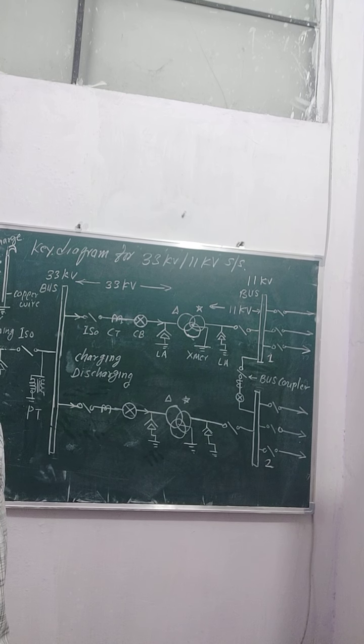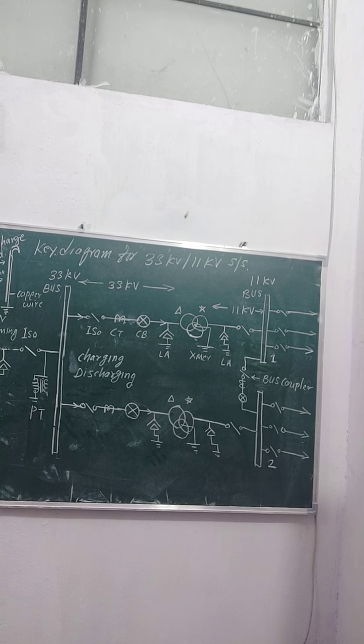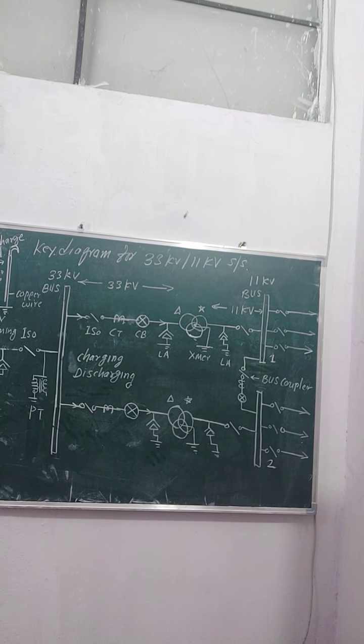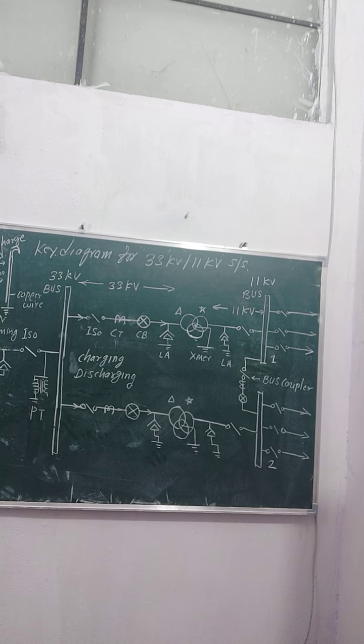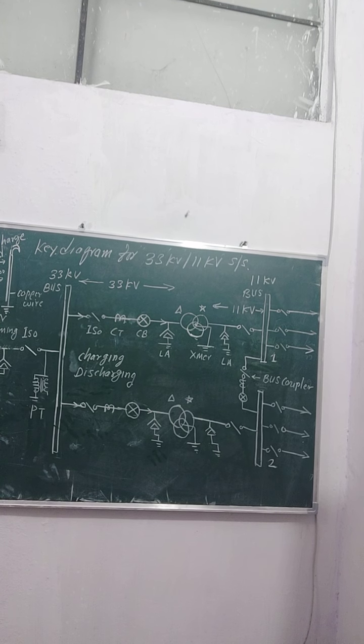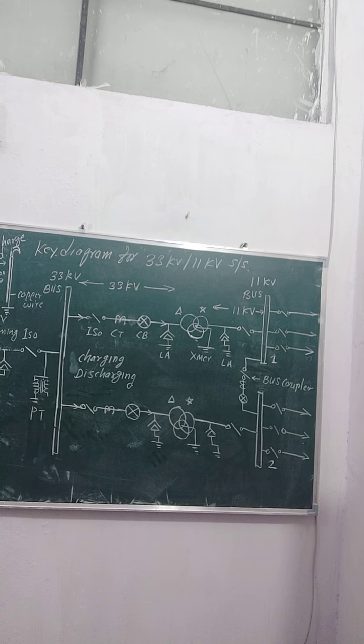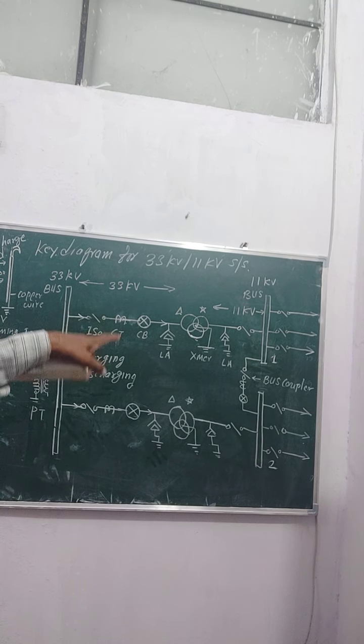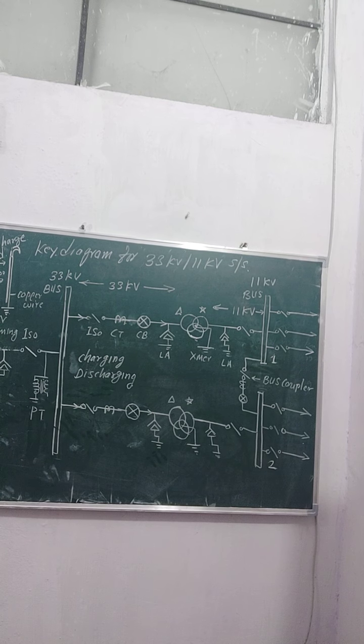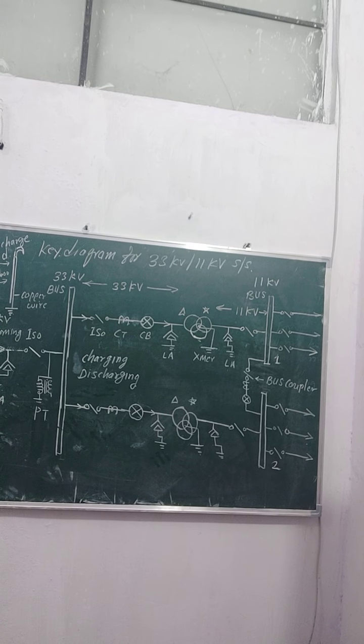So this particular diagram suggests to you the application of a 33 by 11 kV substation for outgoing feeders. The number of feeders can be taken based on the capacity of the bus bar. I have taken 3 outgoing feeders on bus number 1 and 3 outgoing feeders from bus number 2. They are connected with isolators. Now if you want to measure the 11 kV feeder output voltage, then you connect 1 PT on any bus bar, so that will give you the outgoing voltage of the 11 kV feeder.